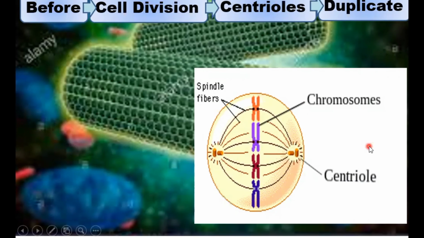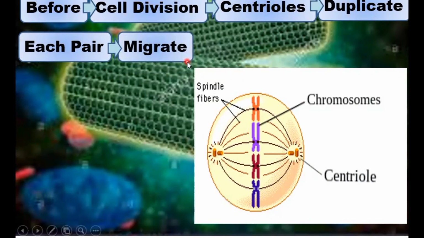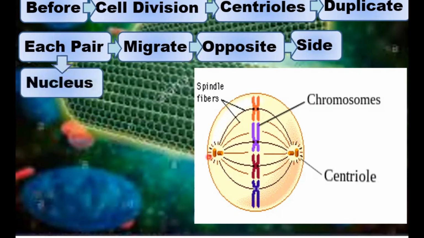And when this division is completed, each pair of centrioles will migrate. Migrate means it will move towards the opposite side of the nucleus. As you can see here, when the centrioles duplicate, they will move to the opposite sides of the nucleus, one on this side and one on this side.